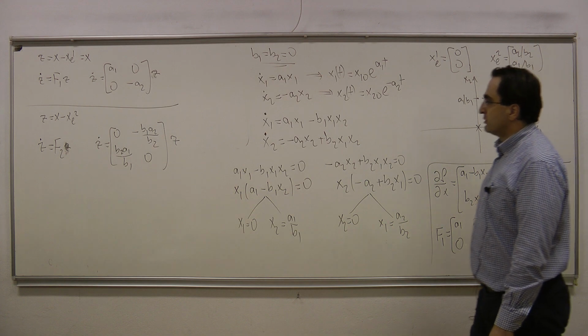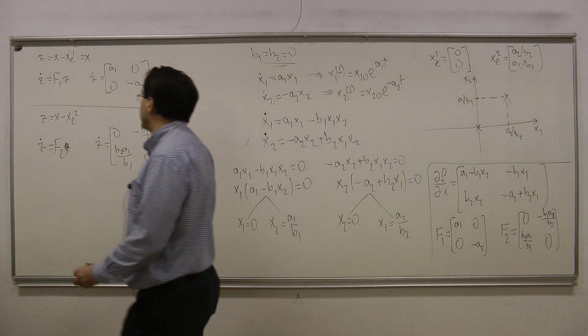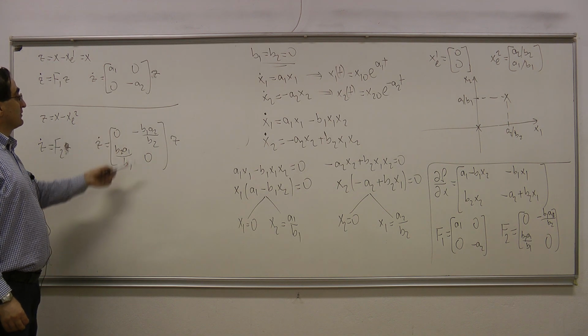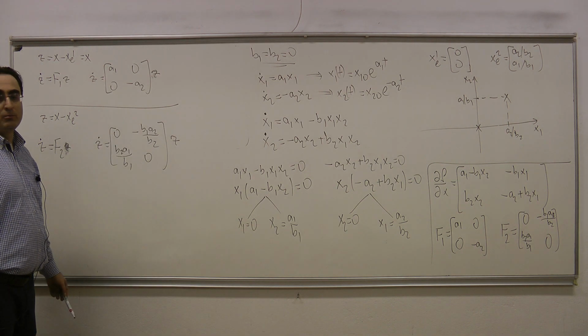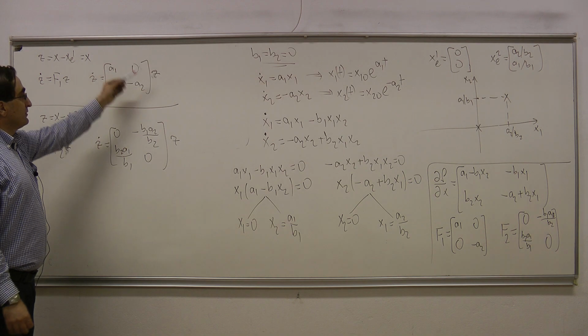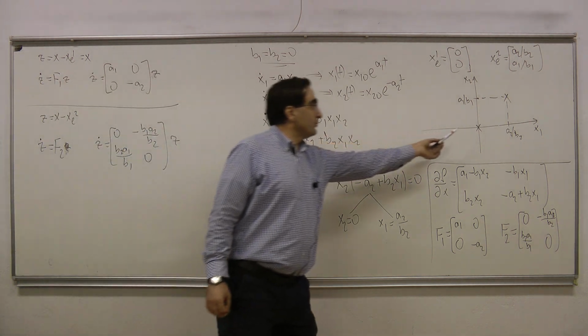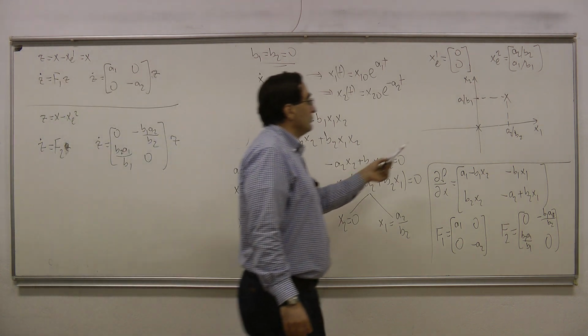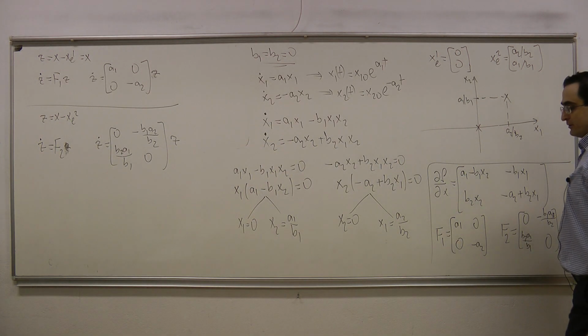We are going to do the analysis of those trajectories by looking at the linearized system dynamics around those equilibrium points. So this is the linearized system dynamics for the first equilibrium point, and this is the linearized dynamics around the second equilibrium point. Okay?